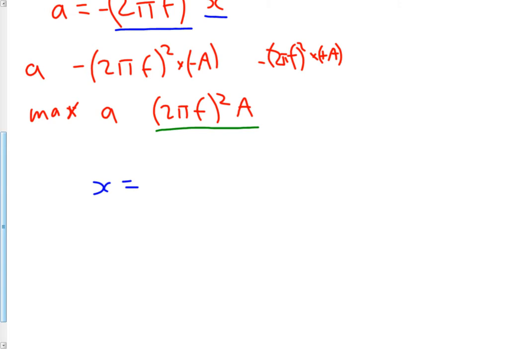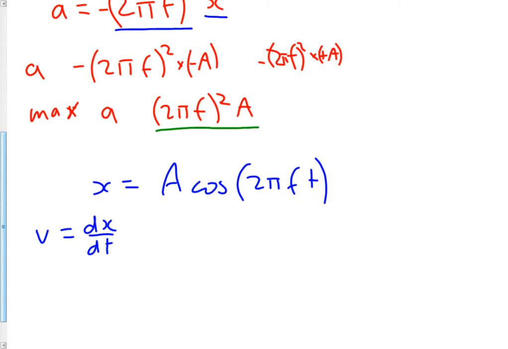So x is a cos 2 pi f t. We know that. That's our top formula. Now look, this is A-level math, so if you don't do it, don't worry. But v is dx by dt, which is, if we differentiate cos, we're going to get minus sine, and we're also going to get all this stuff here coming out the front.